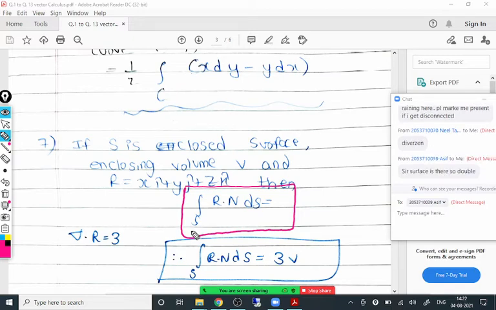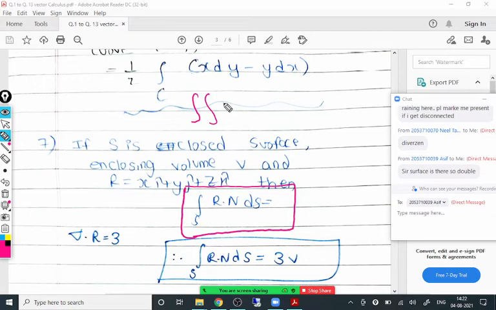Yes, Asif is saying it is a surface, so double. Correct. Very good. Even though a single integral is shown, it is a double integral because dS is written on the surface S. So indirectly the question is a double integral.